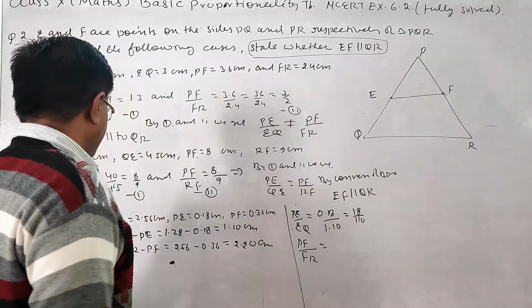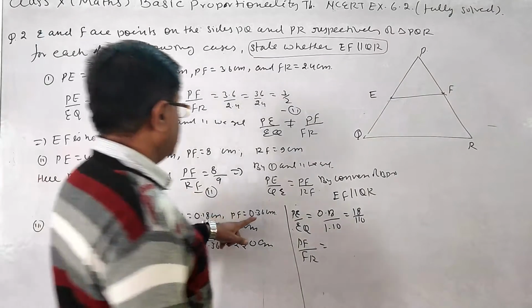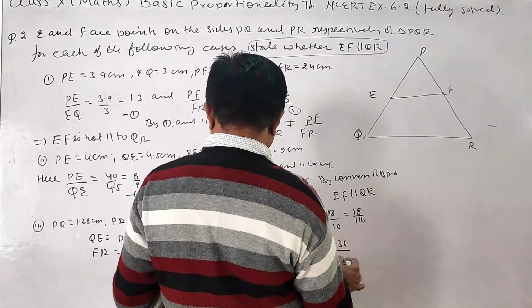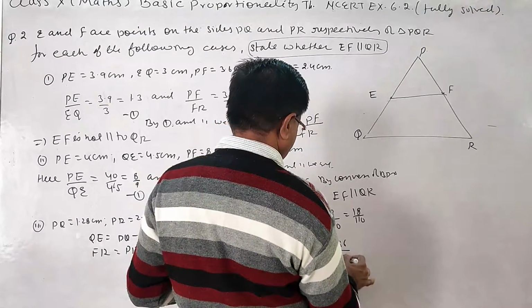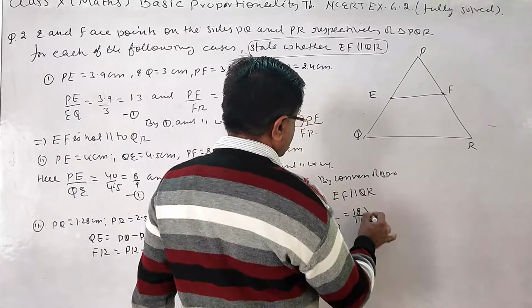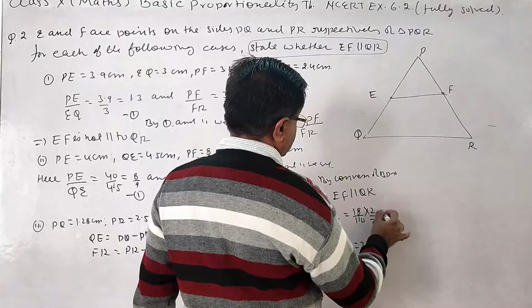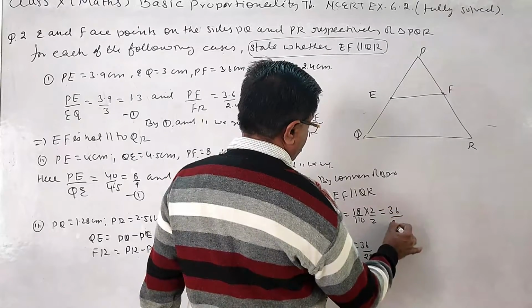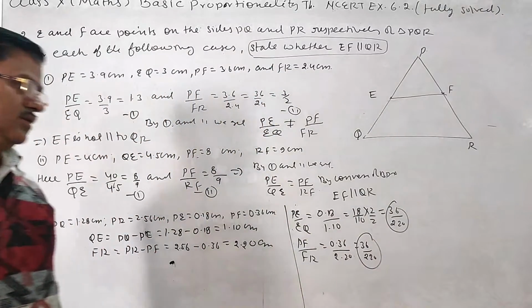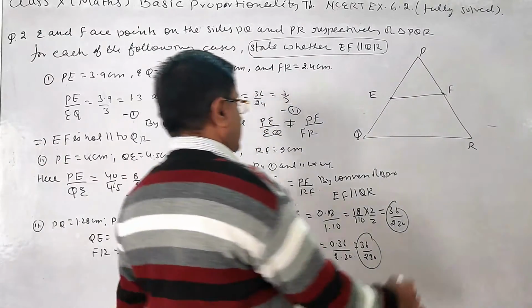So PF is given 0.36 upon 2.20, which is 36 upon 220. So dear student, if you multiply this, then you get 36 upon 220. So both are equal.